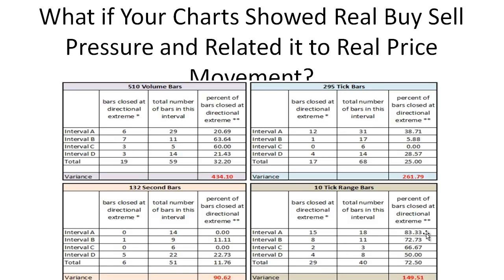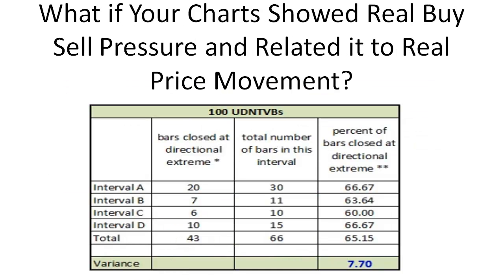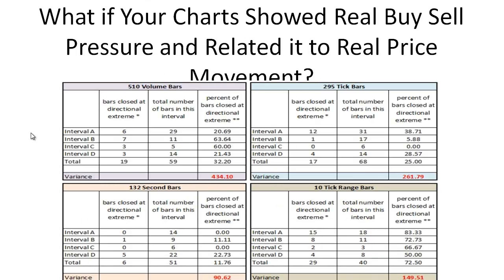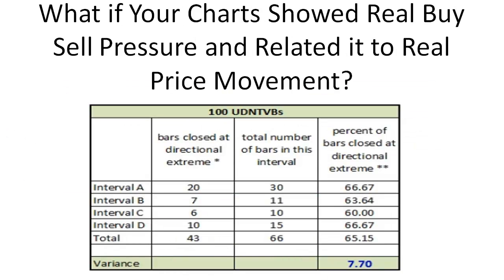And on the range-based bars, you're actually a little bit more consistent because of the nature of the bar. But when you connect this buy-sell pressure with the price movement that's underlying it, you're very consistently around the 65% of the time mark with a very small variance. As a matter of fact, the variance on these others is many, many times larger than it is with a bar that's being computed in this particular manner.